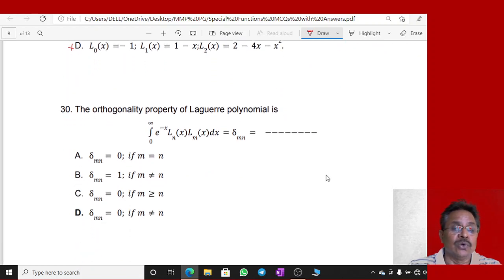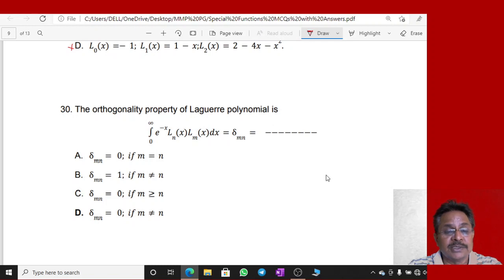Now here also question number 30, which is related to the orthogonality property of Laguerre polynomial. Like Hermite polynomials also, this Laguerre polynomial orthogonality condition requires the factor e raised to minus x there. Otherwise the right hand side will not appear to be a Kronecker delta function. So here the orthogonality property of Laguerre polynomial is an integral.